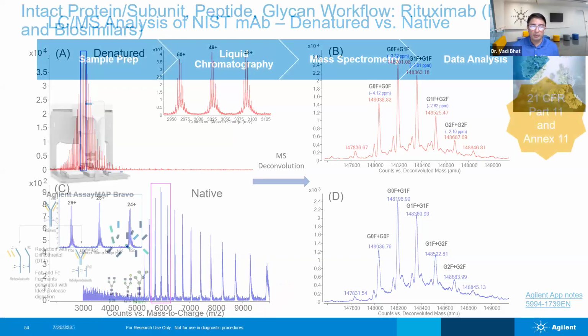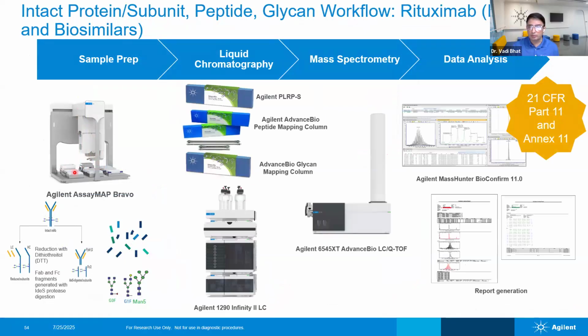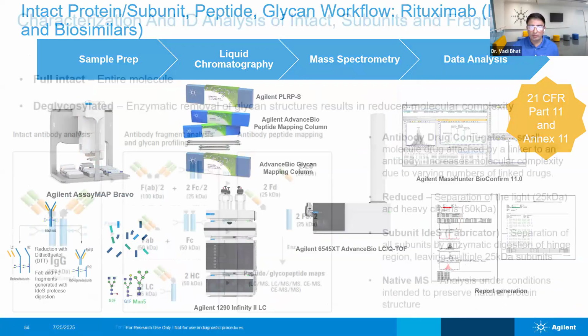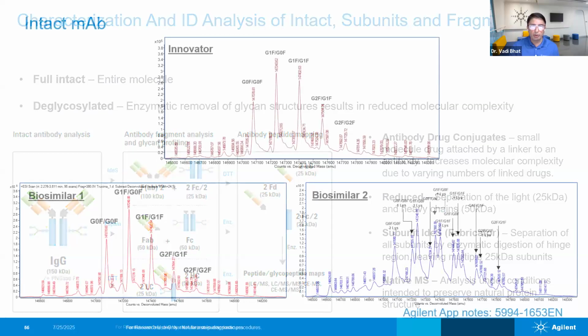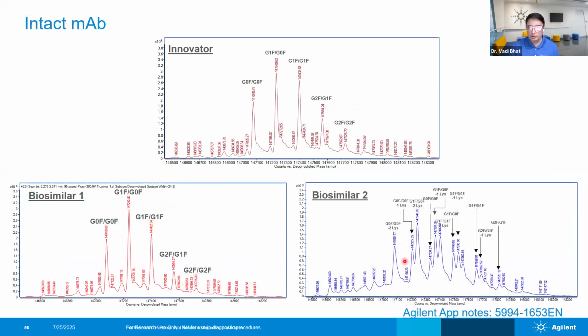So a typical example, as I mentioned: sample preparation, separation, mass spectrometry, analysis. Let's look quickly at how different types of analysis look. In this case, either the IdeS fragmentation that gets the Fab and Fc regions, and light and heavy chains by reduction using a reducing agent, and of course native mass spec, comparing the innovator versus two biosimilars and how it looks.